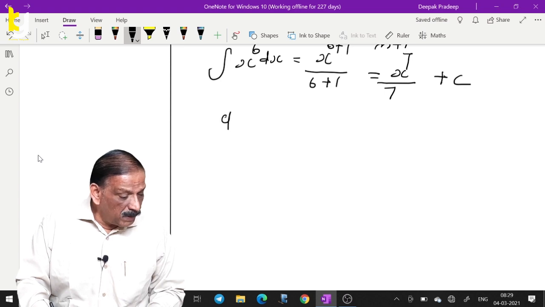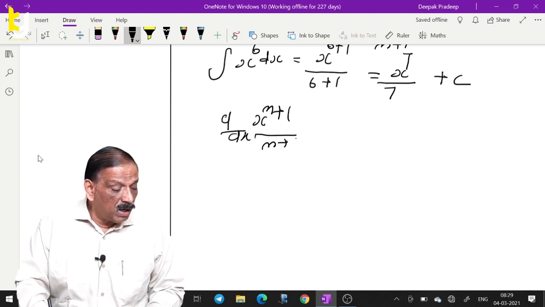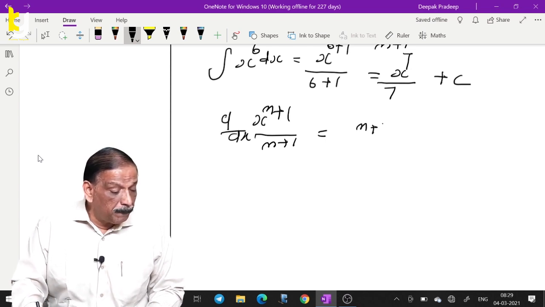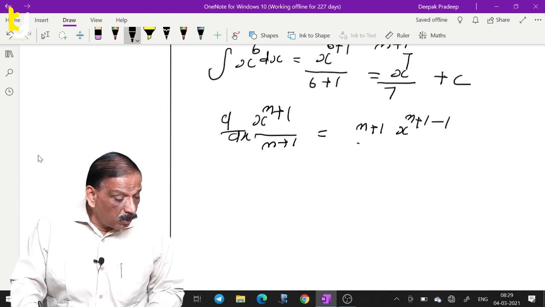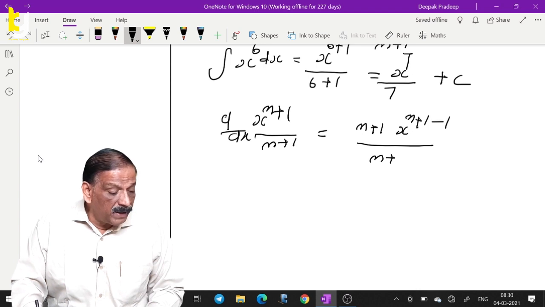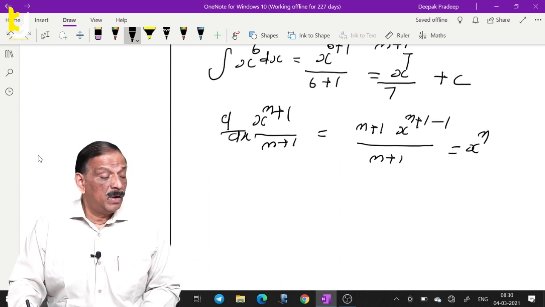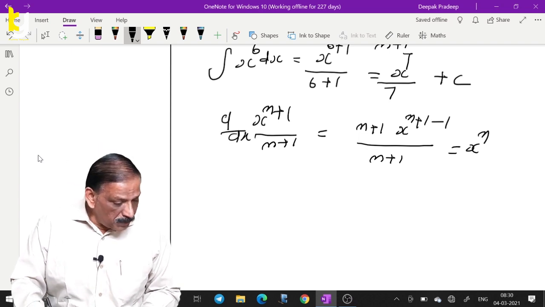That is, d by dx of x raised to n plus 1 divided by n plus 1 is equal to n plus 1 x to the power of n plus 1 minus 1 whole divided by n plus 1, which is equal to x raised to n. Therefore, integral x raised to n equals x raised to n plus 1 by n plus 1. That we know.